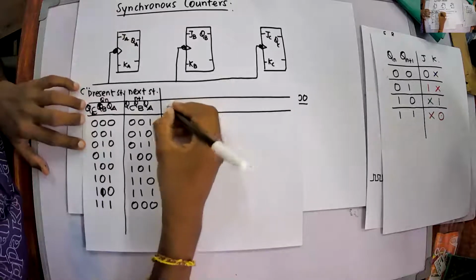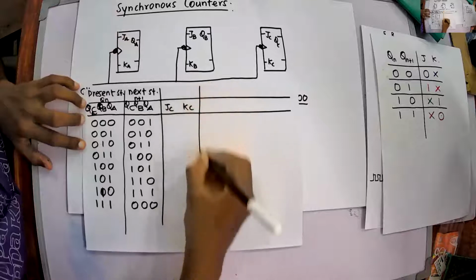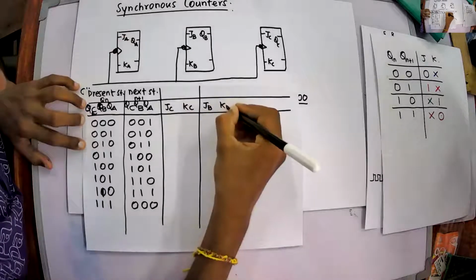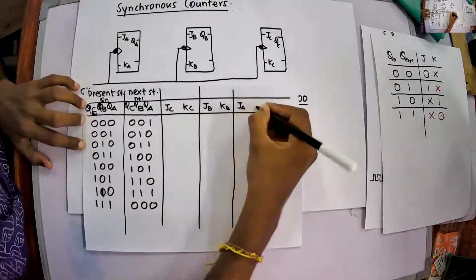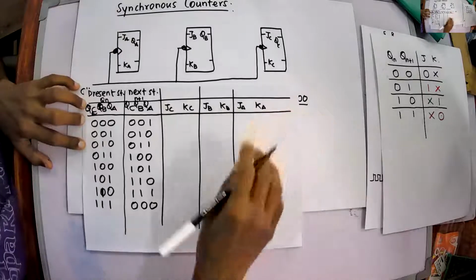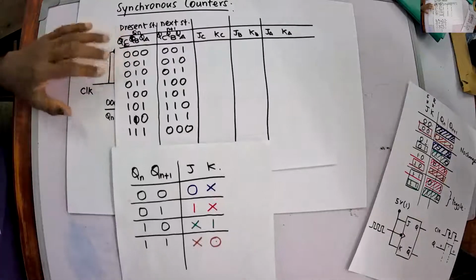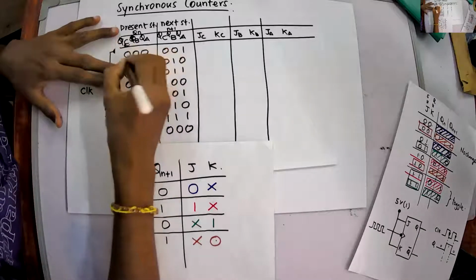right? I can write it as JC, KC, JB, KB, JA, KA, right? Using this table, I'll show you. So see here, QC, right?